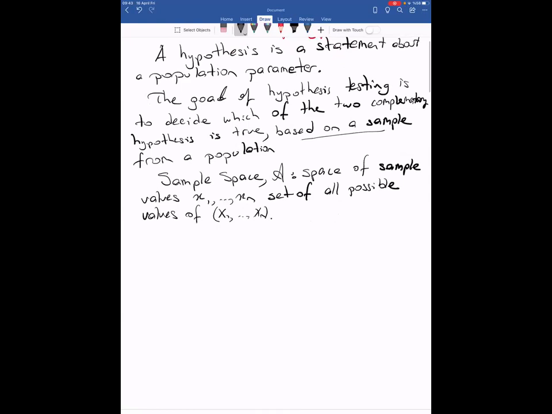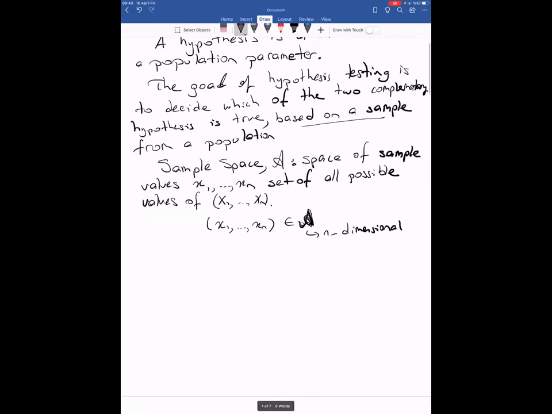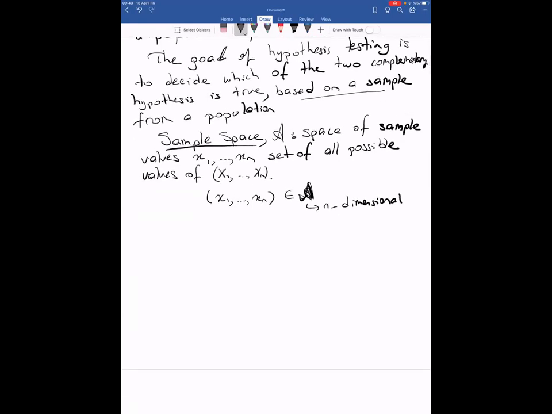We assume that our observed sample is in the sample space. This is a fancy A, not just a set notation, and it is n-dimensional.